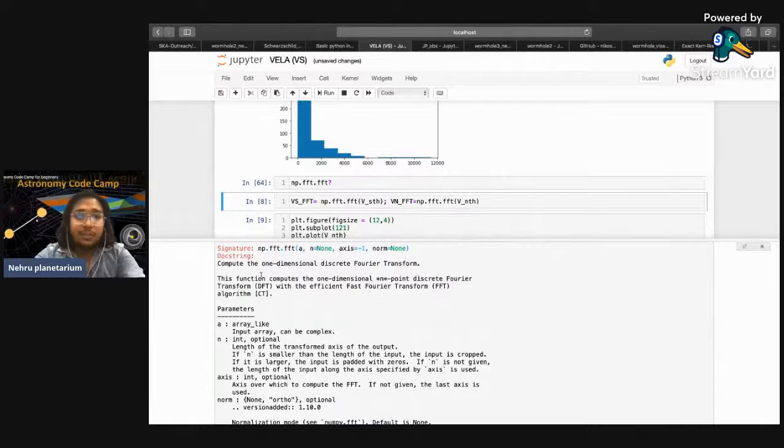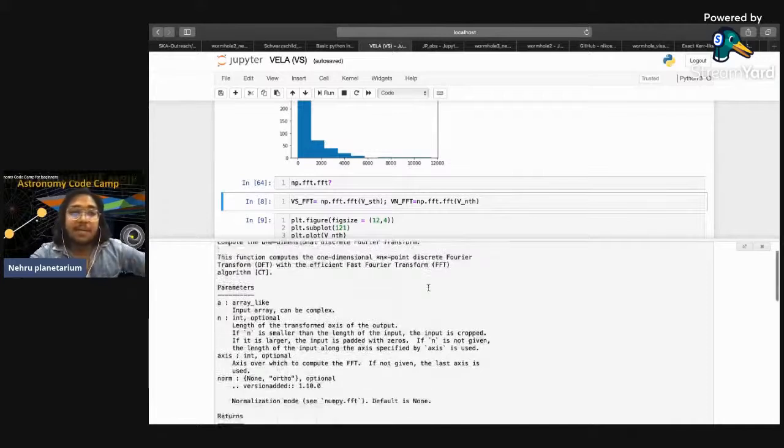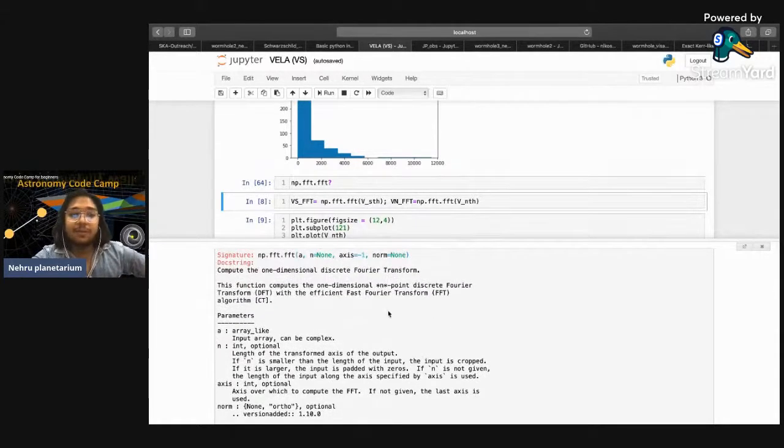The function computes the one-dimensional discrete Fourier transform, which is DFT, with the efficient fast Fourier transform algorithm. So FFT is the main algorithm, and DFT is the main topic. FFT is a subset of the discrete Fourier transform. So FFT does the Fourier transform in one domain.